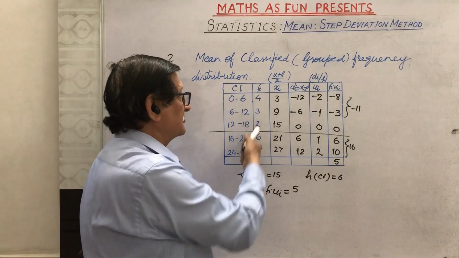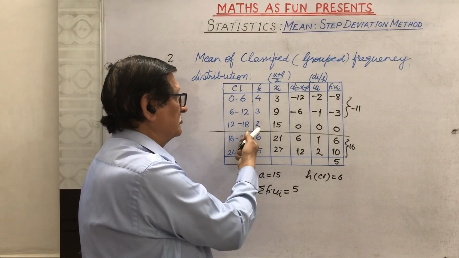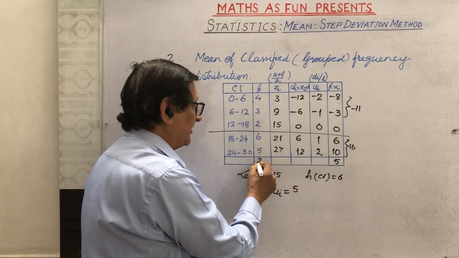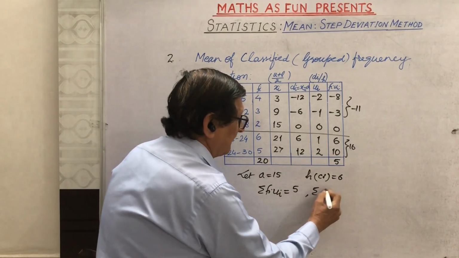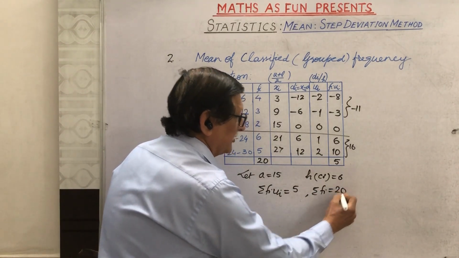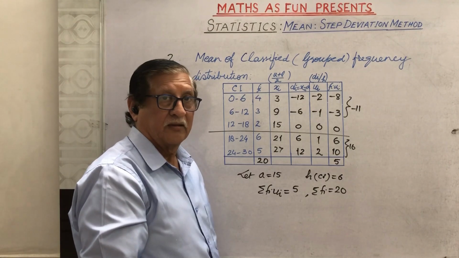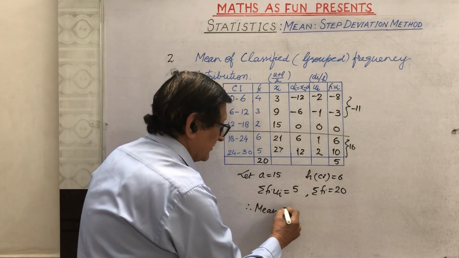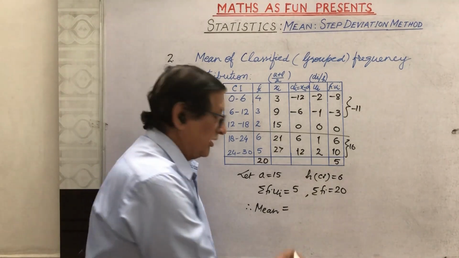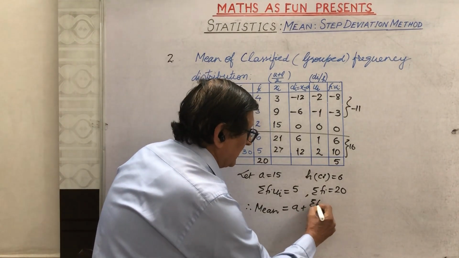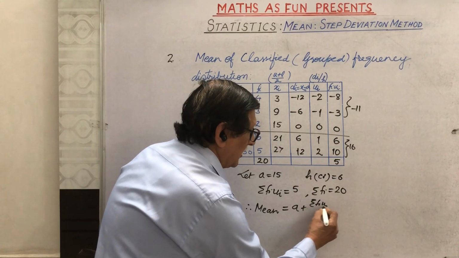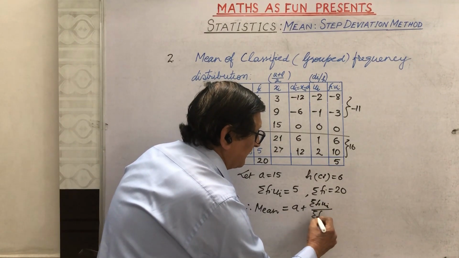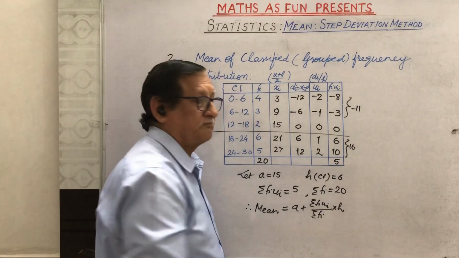Then the sum of frequencies, here 4, 3, 7, 2, 9, 6, 15 and 5, 20. Sigma fi is equal to 20. Now, mean is equal to A plus sigma fi ui upon sigma fi into h.